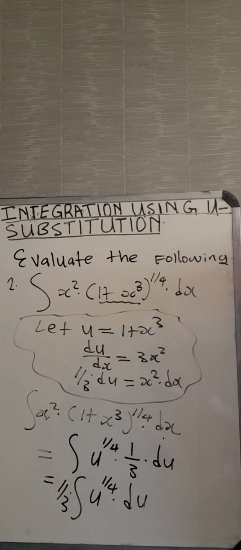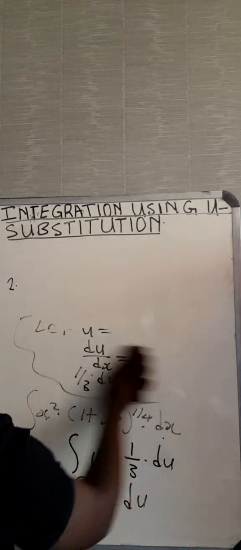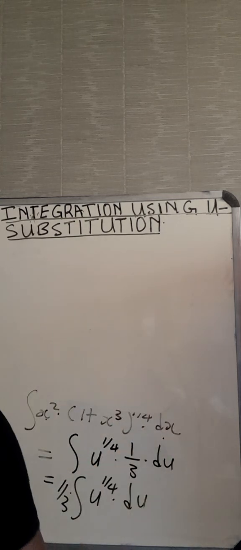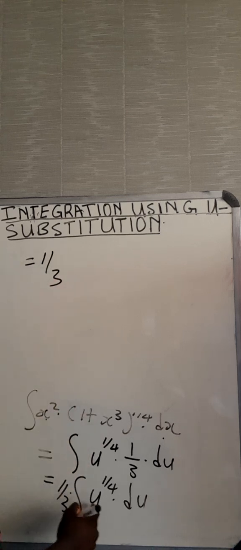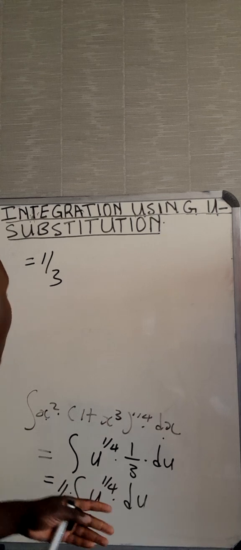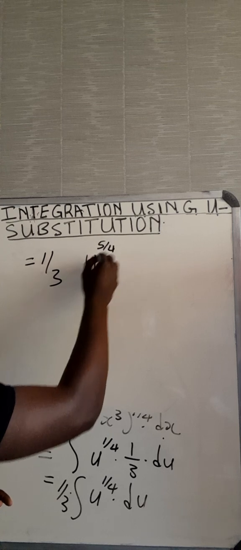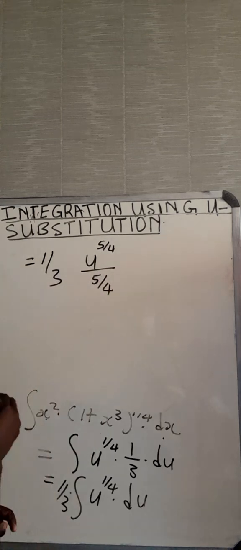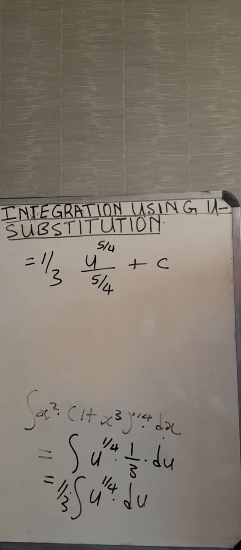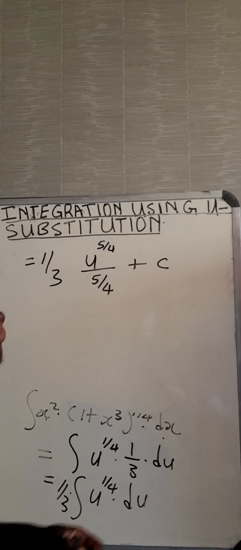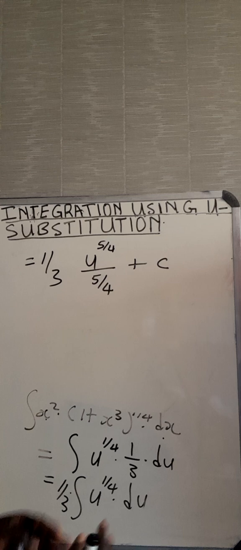Now let me erase here for the sake of space. This will be equal to 1 over 3 times the integral of u to the power 1 over 4 du. We can use a very simple power rule. This will be u to the power 1 over 4 plus 1, which is 5 over 4, divided by 5 over 4, then plus a constant, because when we're integrating we are free to add a constant, since antiderivatives are not unique.